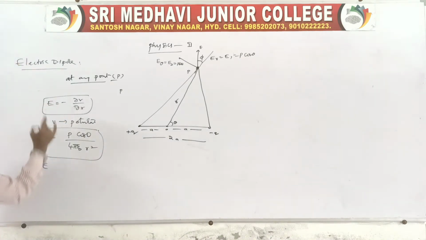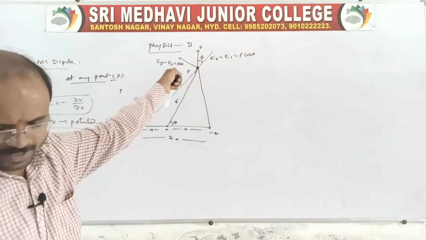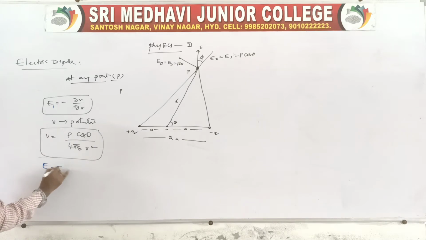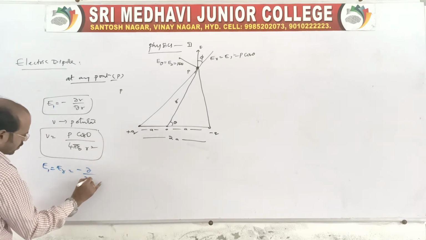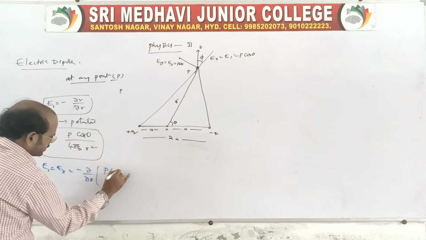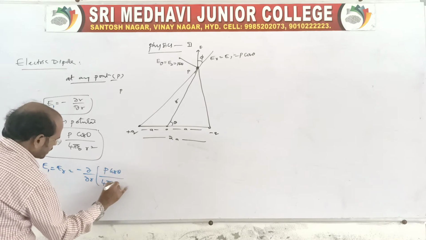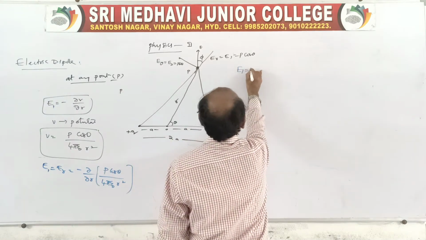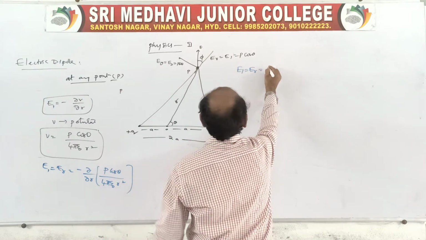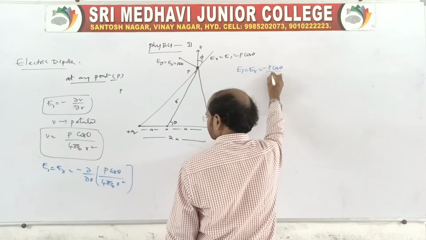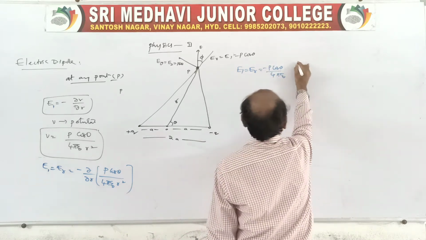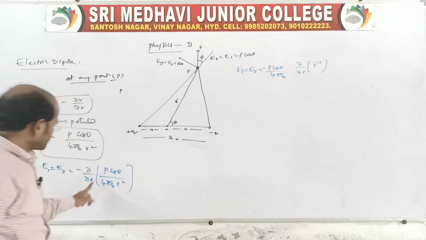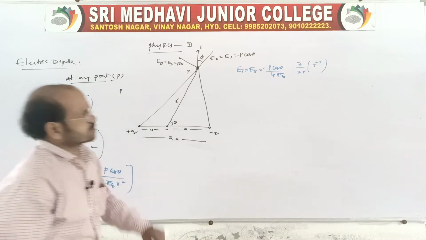The electric field intensity at point P, E1 or ER, is equal to minus dou by dou R of P cos theta by 4 pi epsilon naught R square. Here P cos theta by 4 pi epsilon naught is common, and differentiating R power minus 2, because it is in the denominator, gives a negative.